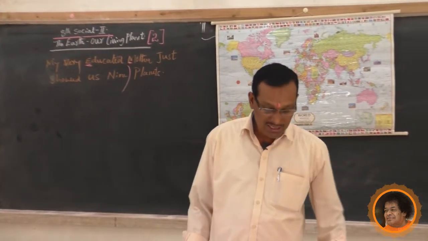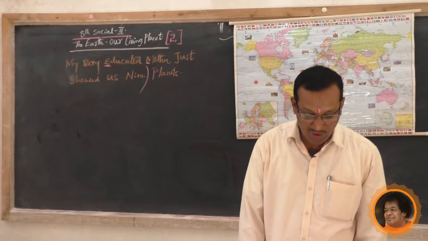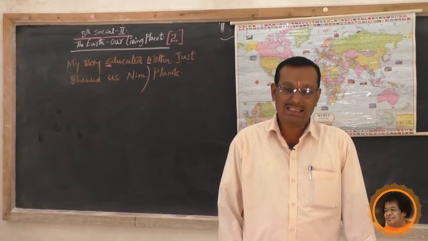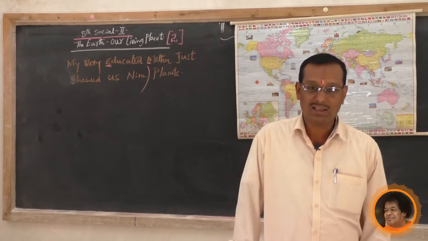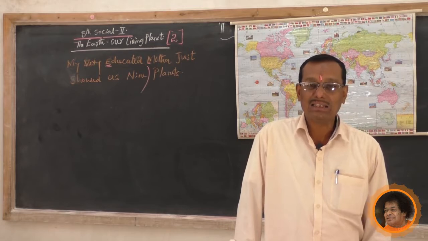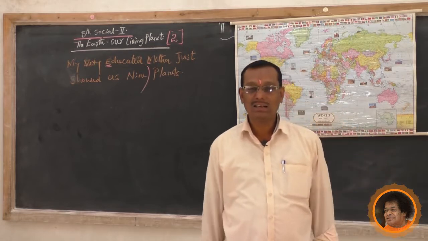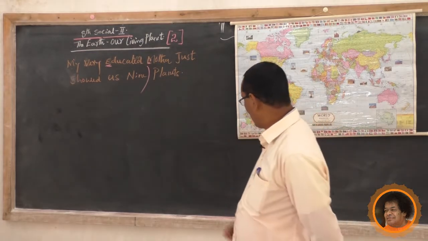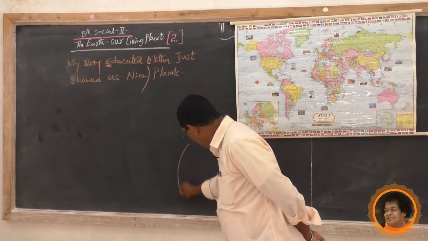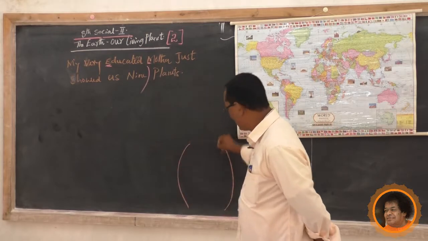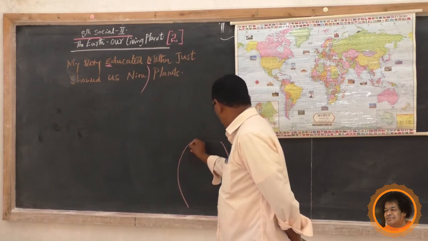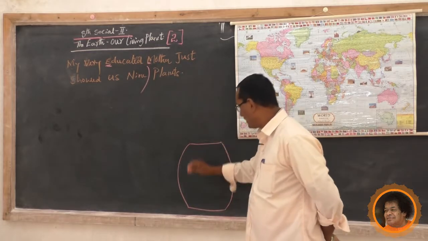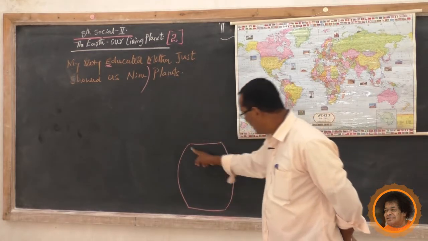Now students, let us study about the shape of the Earth. In our previous class we already discussed the shape of the Earth. The Earth's shape is described as geoid shape. Geoid shape means at the equator it bulges, and at the poles, North Pole and South Pole, it is flat.